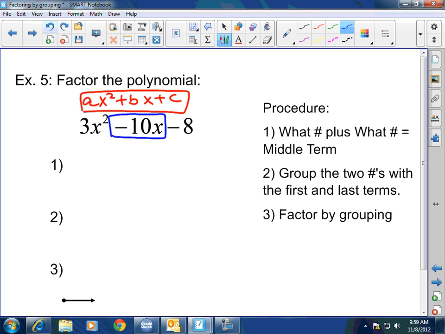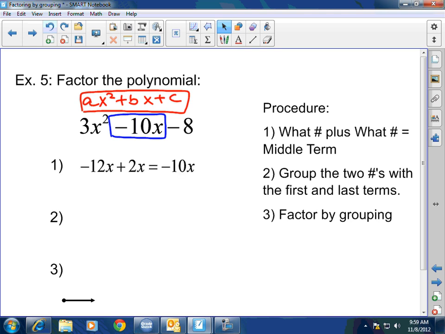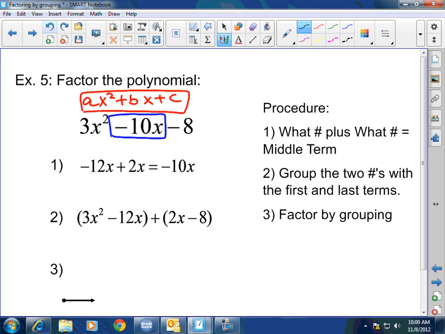What number plus what number equals the middle term here, guys? Negative 12 and 2x, correct? Negative 12x plus 2x equals negative 10, correct, guys? You with me? Okay. Group the two numbers with the first and the last. So 3x squared and the negative 12x. And then the 2x and the negative 8.